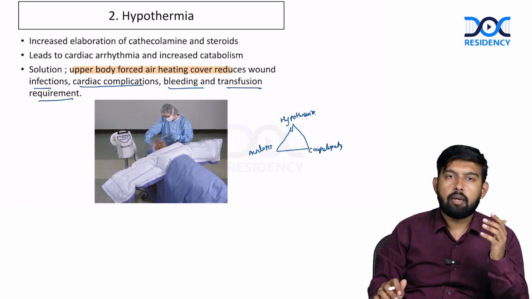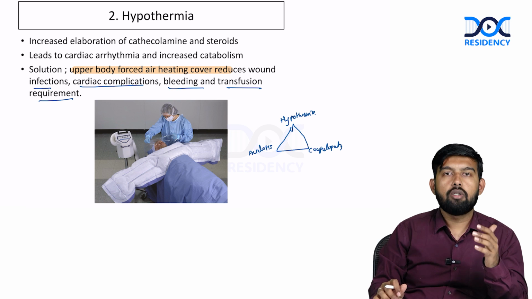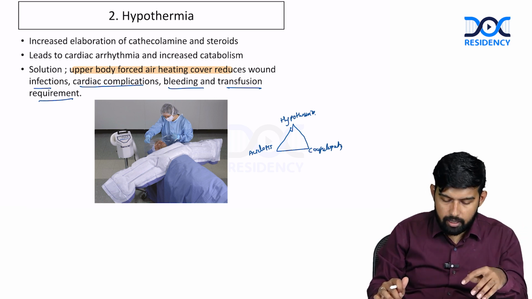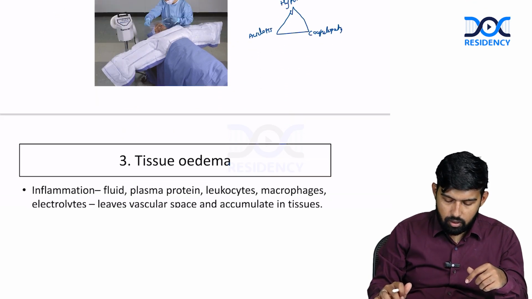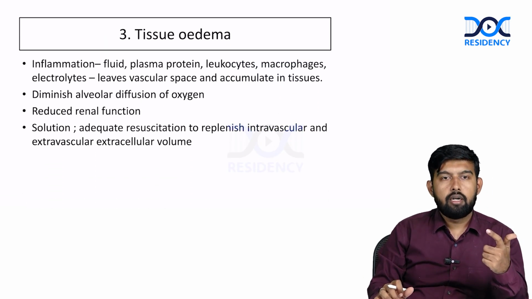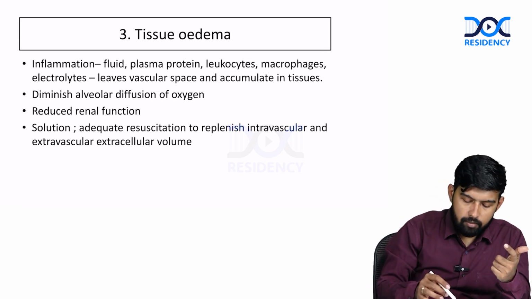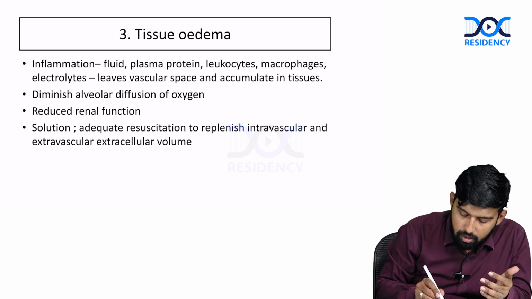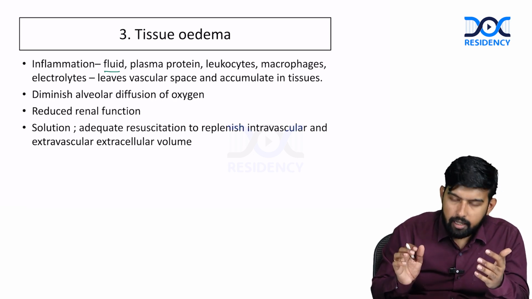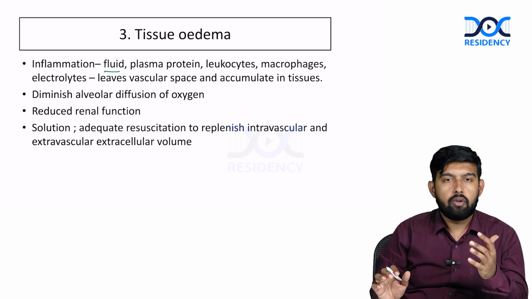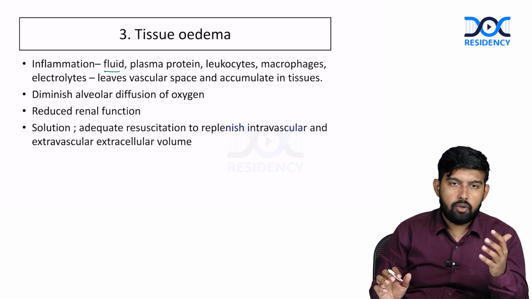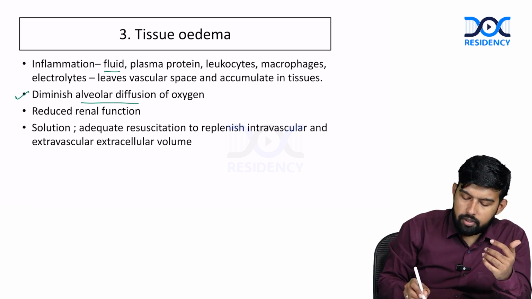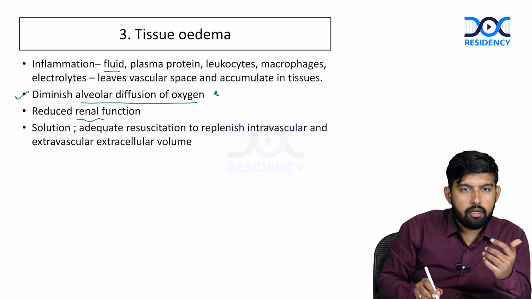So these factors can be avoidable, and the correction of these factors can decrease the mortality and the morbidity in a surgical patient. Another avoidable factor is tissue edema, as we have already seen. Because of the inflammatory response, there is an increase in the accumulation of fluid in the intracellular compartment, which causes the tissue edema, which ultimately diminishes the alveolar diffusion of oxygen and reduces the renal function.